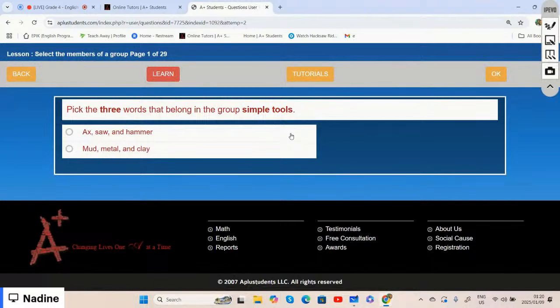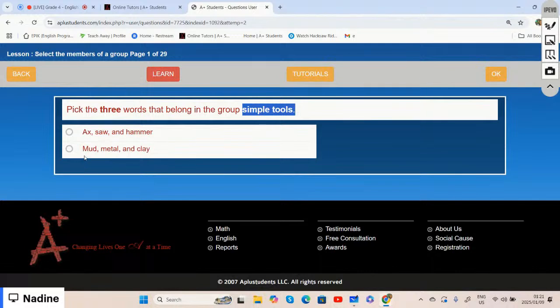We need to pick three. So we need to pick three words that belong in the group simple tools. So simple tools, right? If we were to find words that belong in a group of simple tools, is it option one, an axe, a saw, or a hammer?